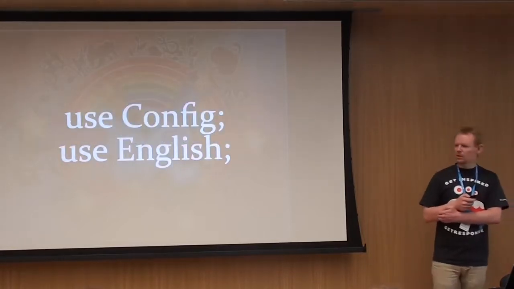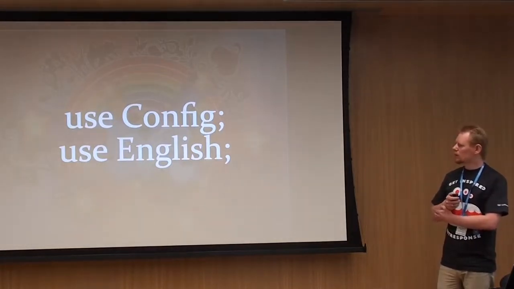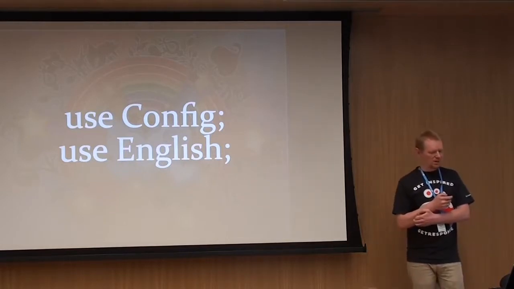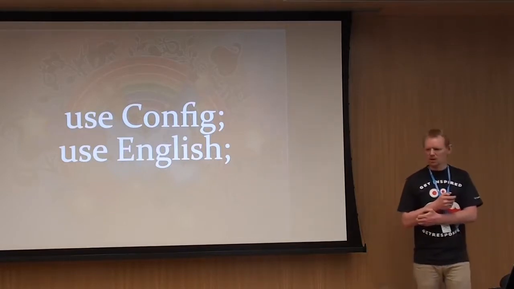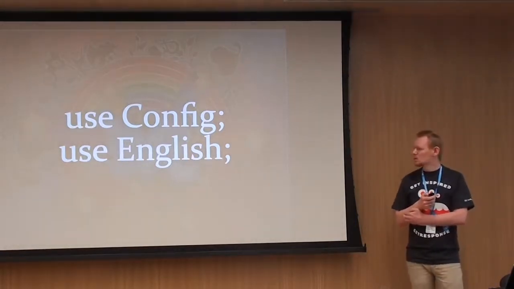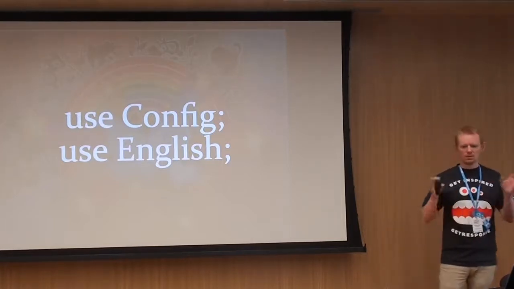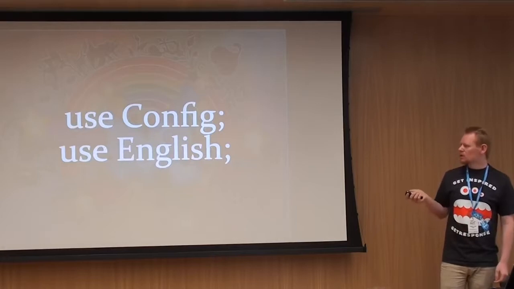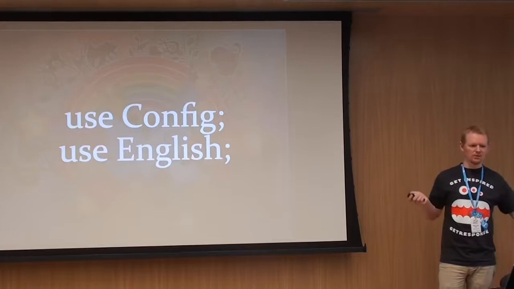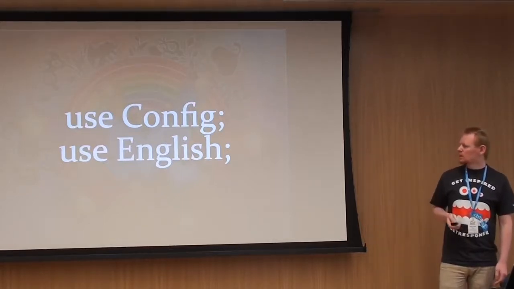To a certain degree we also have these core modules like Config and English. Config is a bit hard because it exposes a lot of build time information, like what system was there when the compiler was built using a C environment. When you run on the JVM, you don't have that. You just have like 4 or 5 system values.